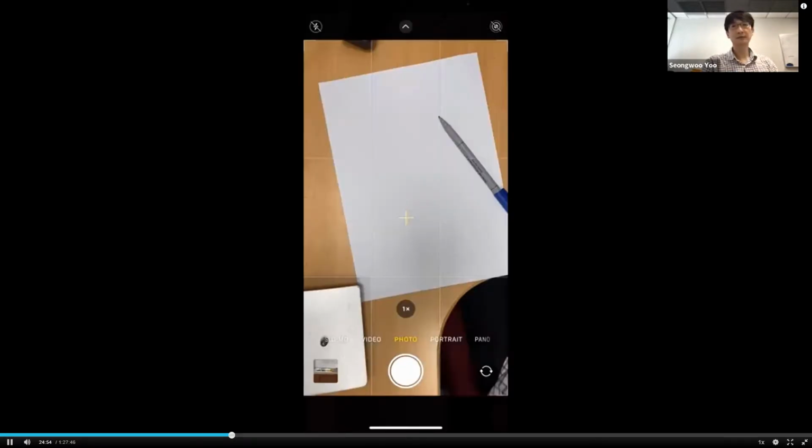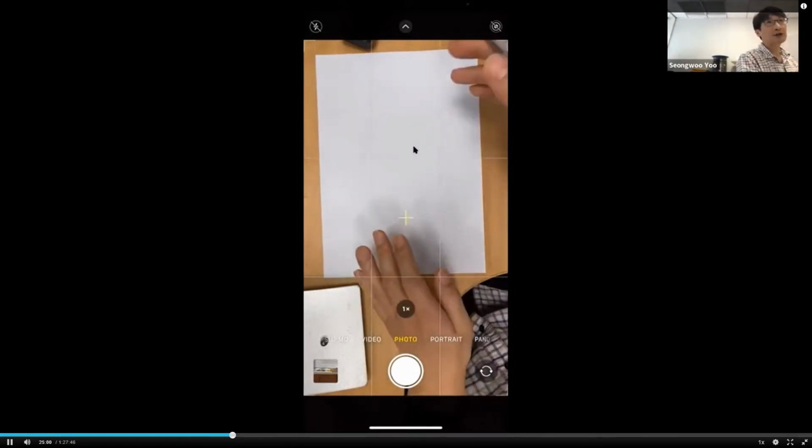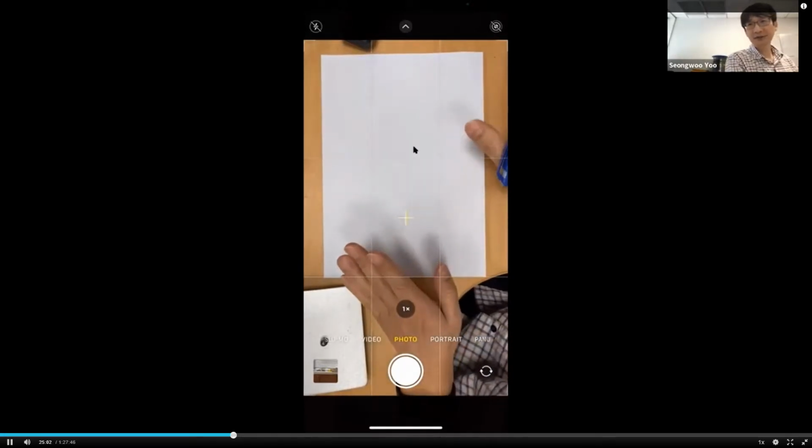Something goes wrong. Just 1 second. I will make the new connection. Okay, so I'm going to draw some diagram for the double slit interference, all right?